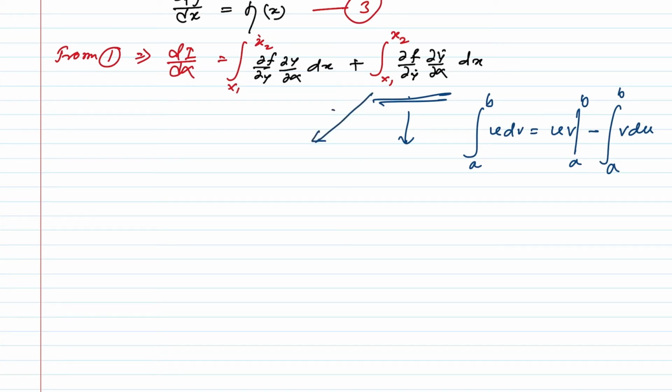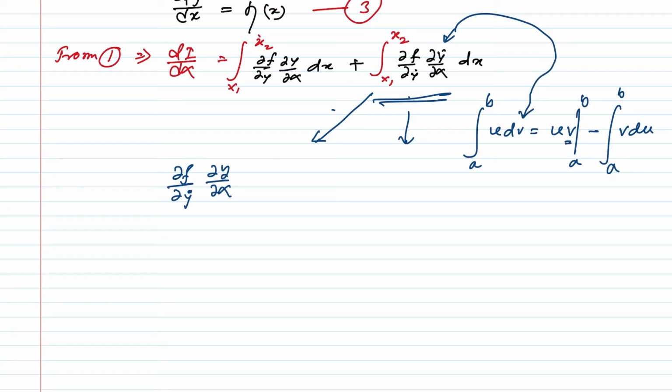from this part only, you will get del f by del y dot, then del y by del alpha, okay, considering this one as dv, then here you will get v, isn't it?